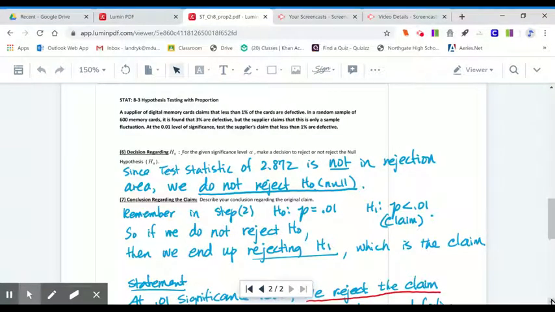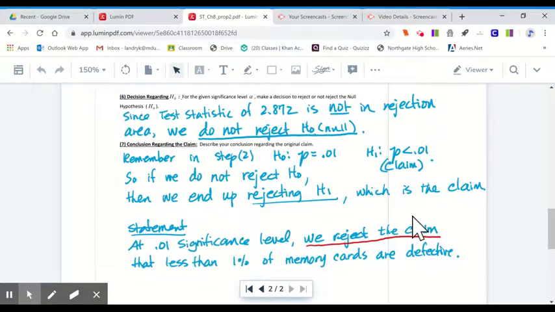Okay, and then the last step is, well, in this case, not rejecting the null means we are rejecting the alternate hypothesis, which means we're rejecting the claim. So the decision about the null is opposite of what we're saying about the claim.